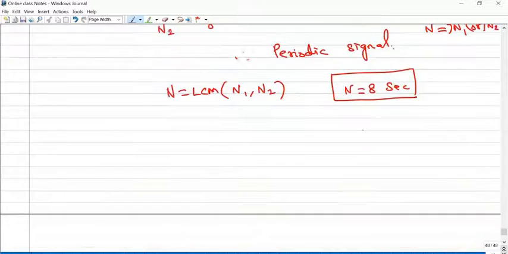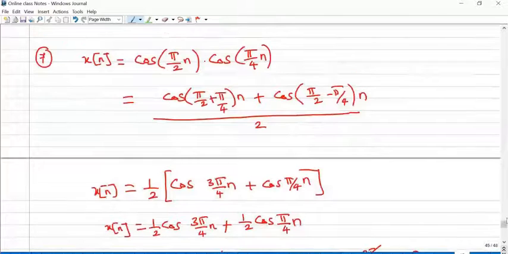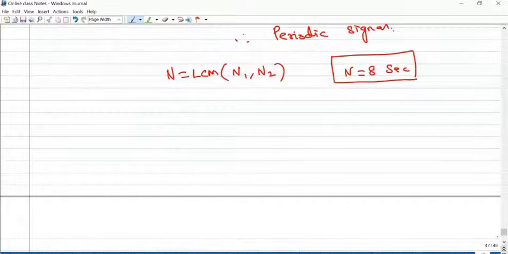The last problem, discrete time signal periodic. Problem number 8.